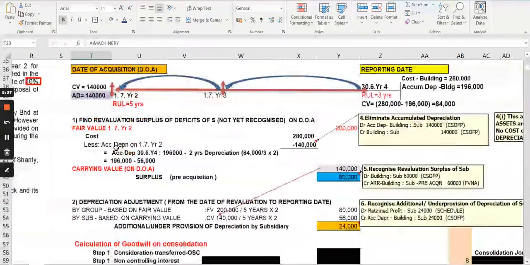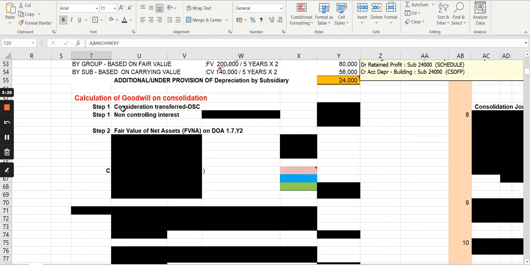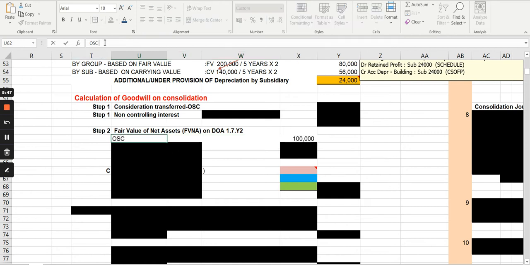So what you have first is to calculate the goodwill, but before that we are going to focus on fair value of net asset. For your information, when you talk about fair value of net asset, it is the net asset available on the date of acquisition. The net asset that is available will be the one of the subsidiary only. The investment here will be eliminated because it was being acquired.